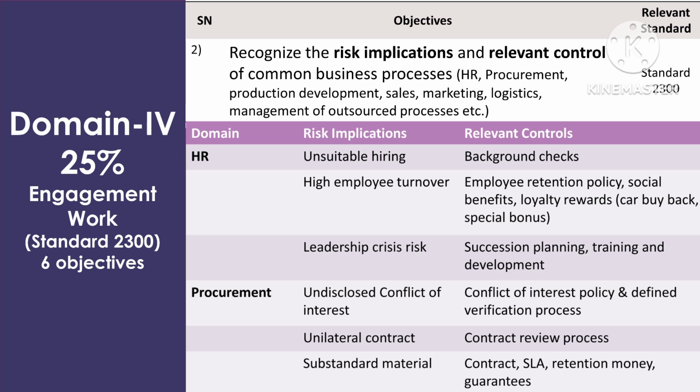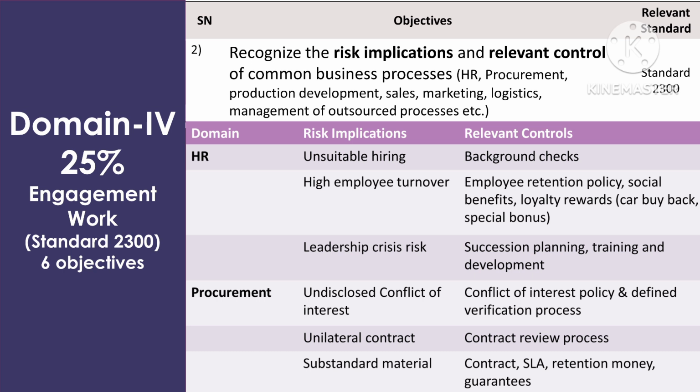For example, unsuitable or improper hiring, high employee turnover, or leadership crisis risk. What are the relevant controls? For unsuitable hiring, you can have background checks, verify the previous employments, and verify the educational background. For high employee turnover, there has to be an employee retention policy, social benefits to the employees, loyalty rewards for long-term employee continuation, and for example, car buyback or special bonuses.